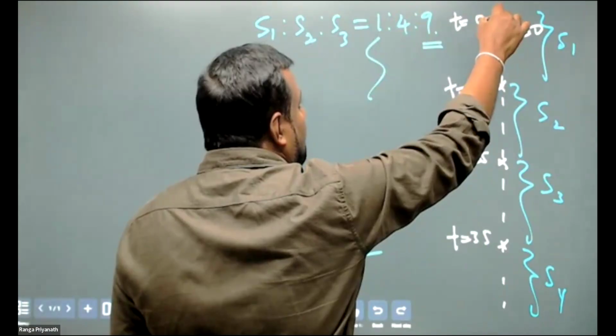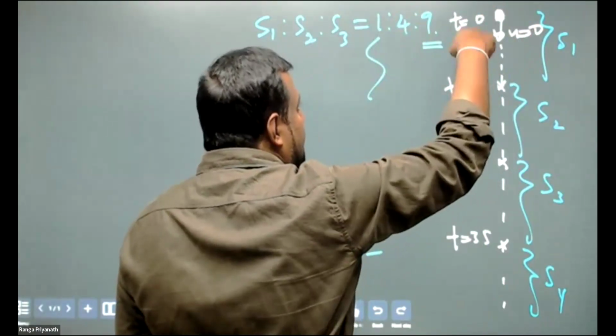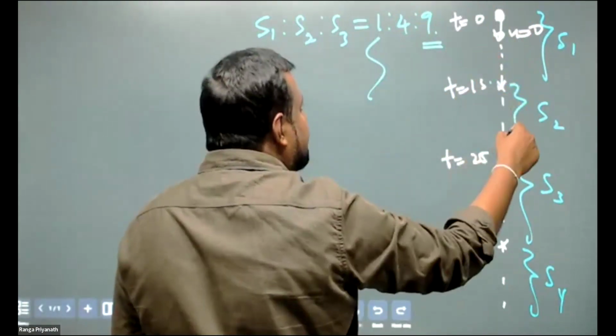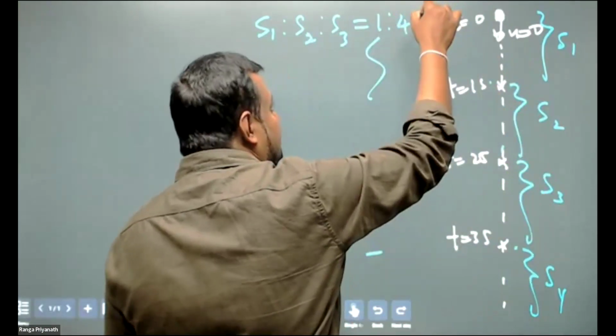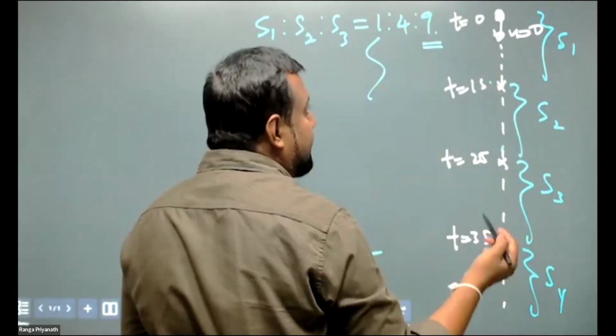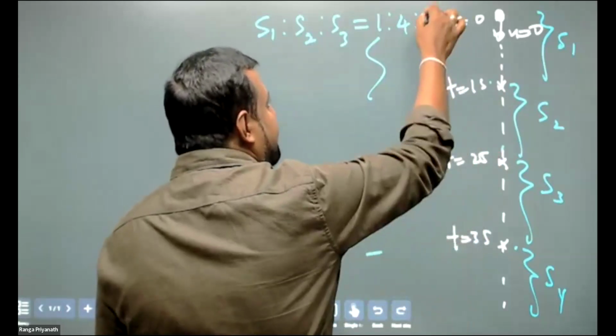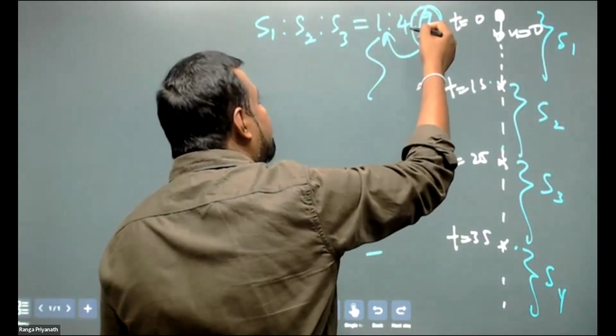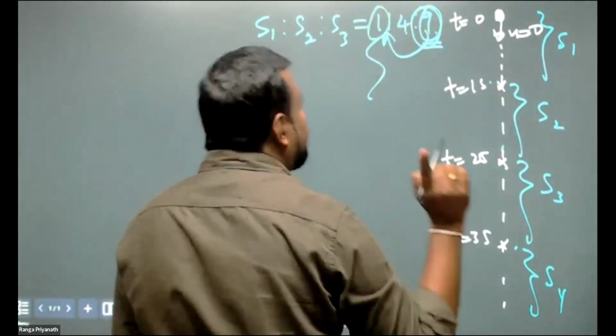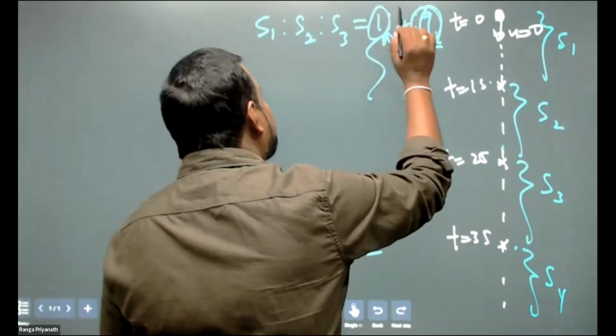Only one floor is traveled during the first second, 4 floors during the second second, and 9 floors during the third second. That's what they are telling us. They ask how many floors it travels during the first second? Only 1, because the ratio is 1 to 4 to 9.